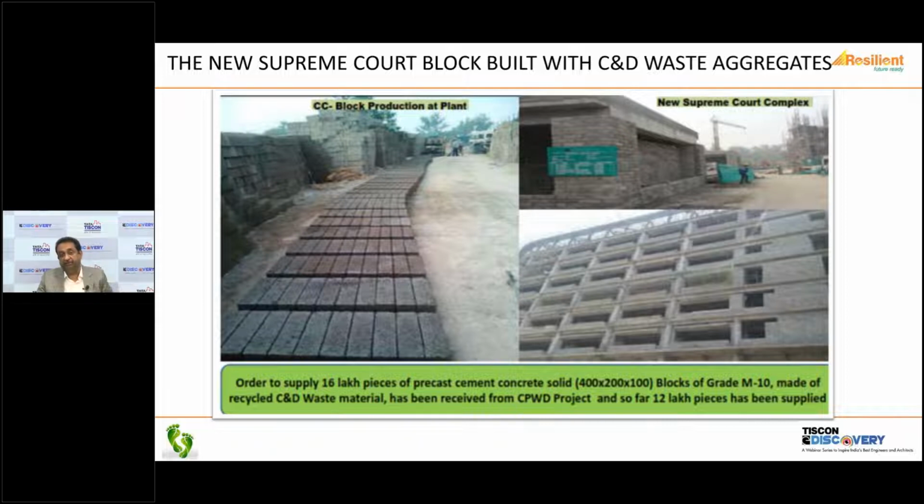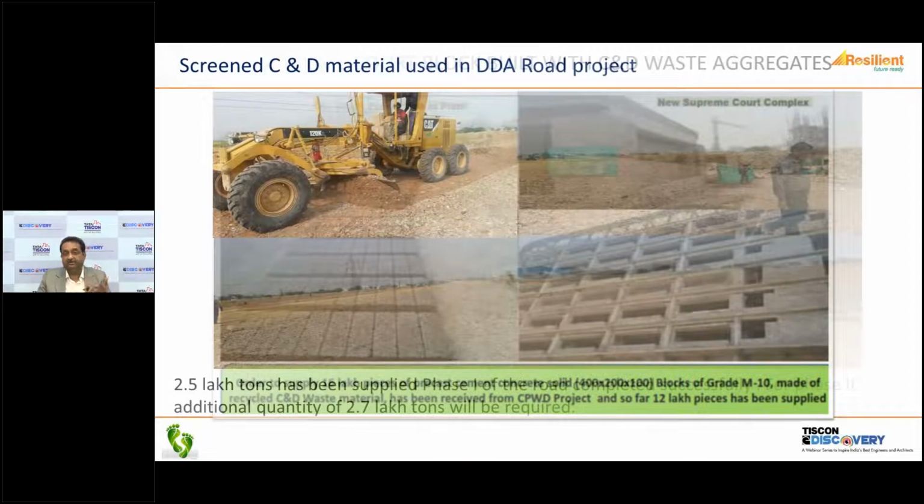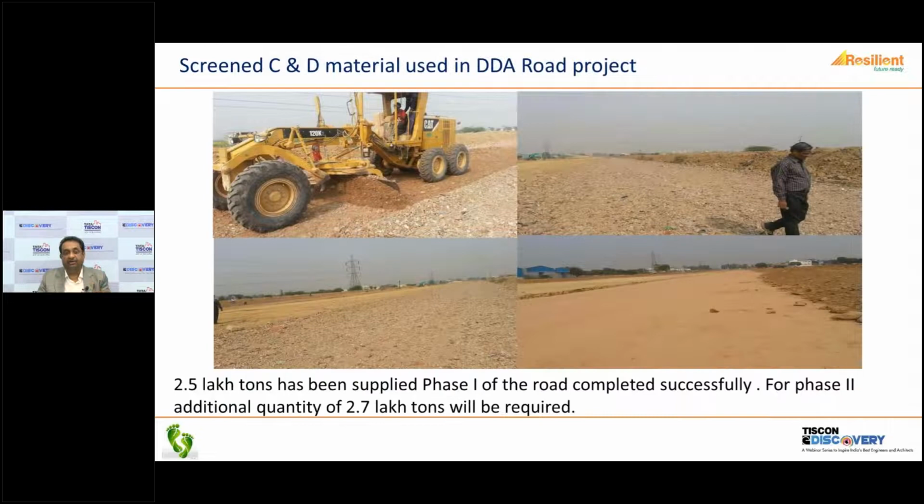Delhi Development Authority, for instance, have used more than 5 lakh tons for the subgrade replacing. And here again is a wonderful example of how virgin aggregates can be saved by using construction demolition waste. So again, I would like to reiterate the point that construction demolition waste is not all about using in concrete. There are different methods, but there are two golden principles.